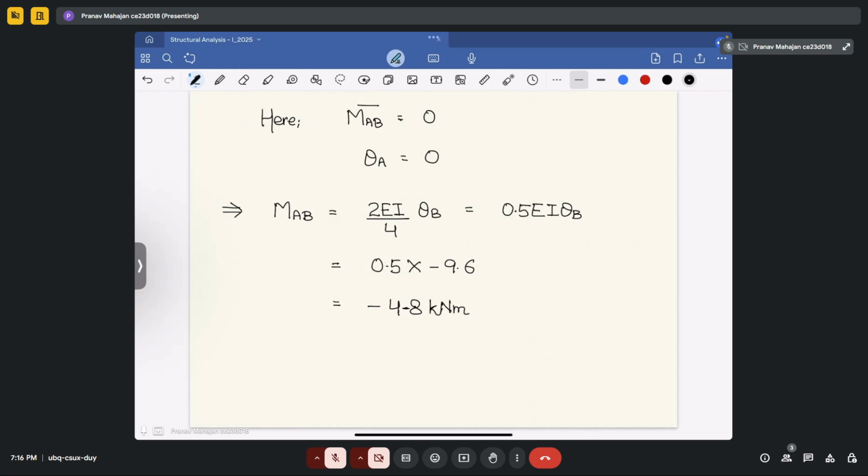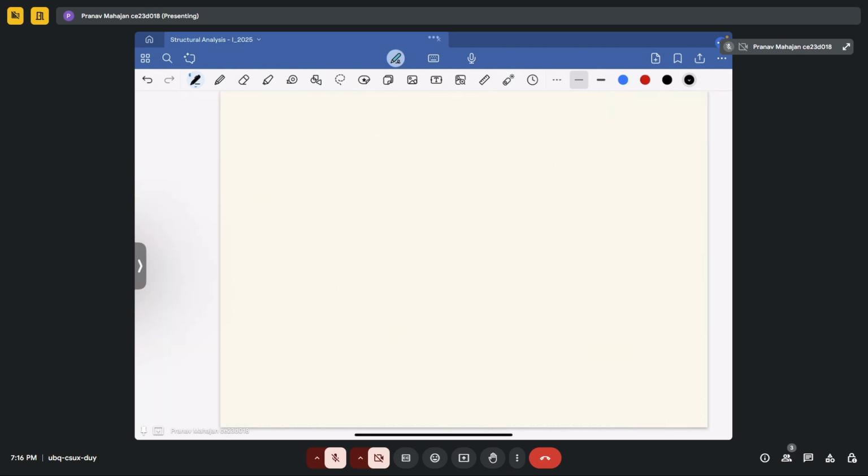If we try to draw the free body diagram of span AB, how will it look?